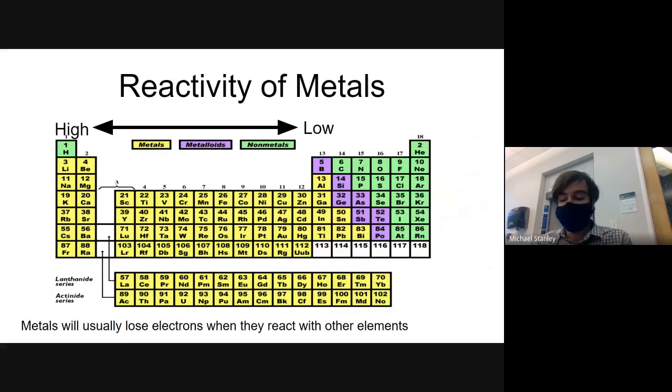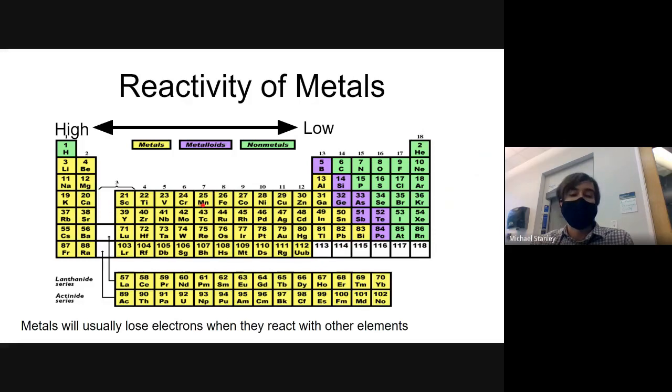So in general, if we combine some of the last stuff that we were talking about in terms of reactivity, our very reactive metals tend to be more towards the left side. Like we were talking about sodium earlier, and sodium is a very, very, very reactive metal.